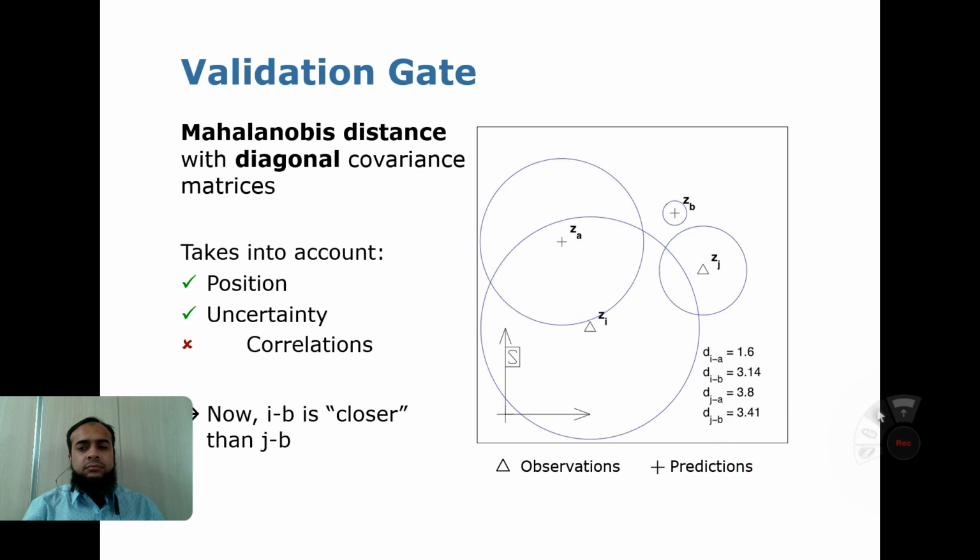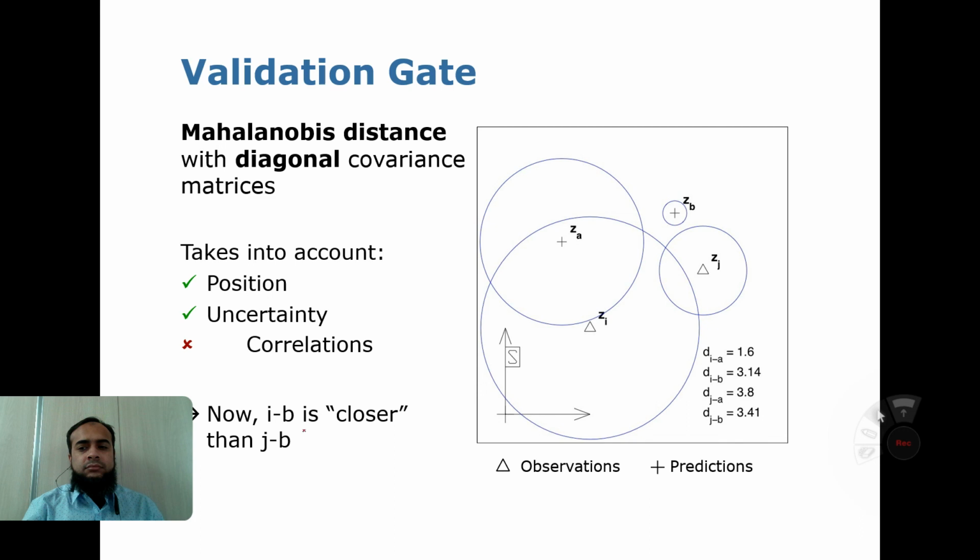The distance with a diagonal covariance matrix takes into account position and uncertainty. If one value best matches, meaning a prediction is close to the observation, then it is a position, and the other value could be uncertain. We do not know, because that value lies far away.